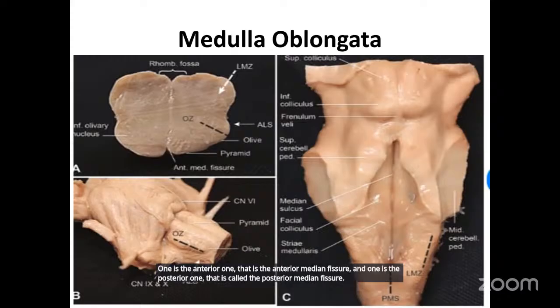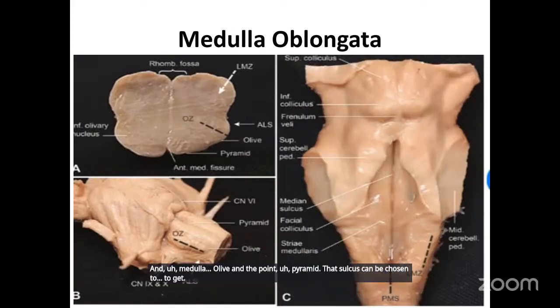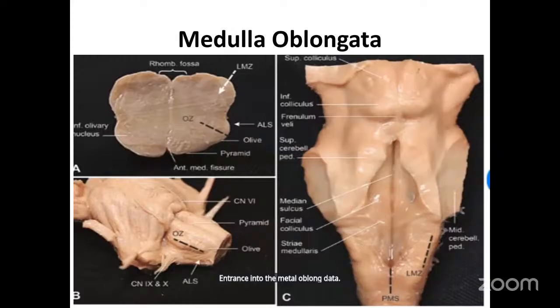And second, at the level of the olive and the pyramid of the medulla, that sulcus can be chosen to get entrance into the medulla oblongata. Otherwise, it is very dangerous to go into the medulla oblongata.